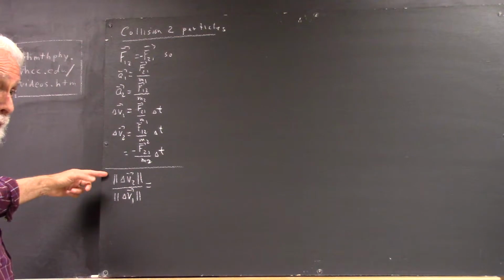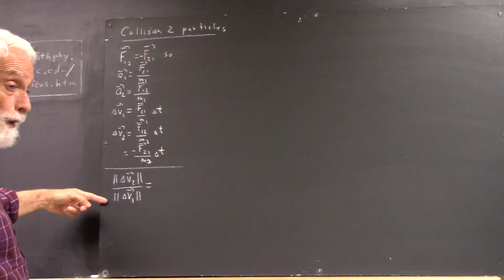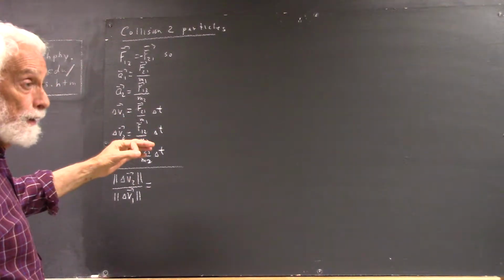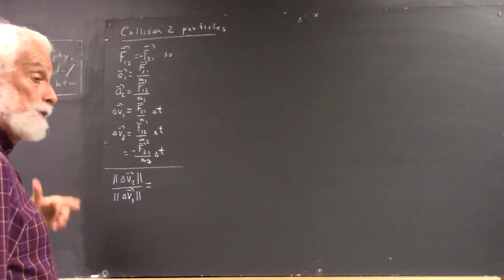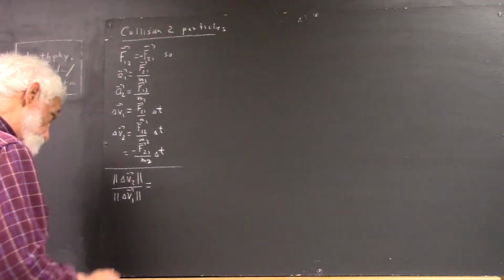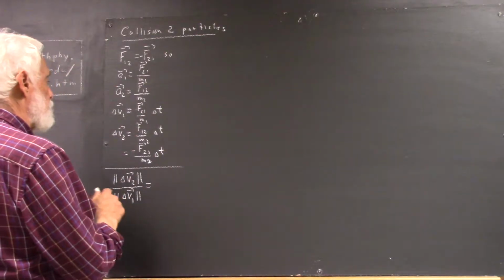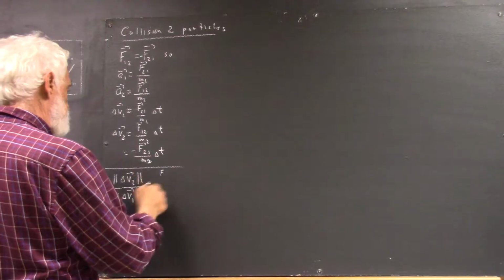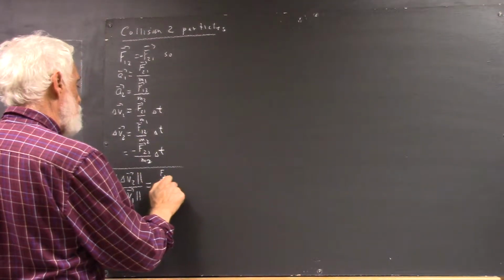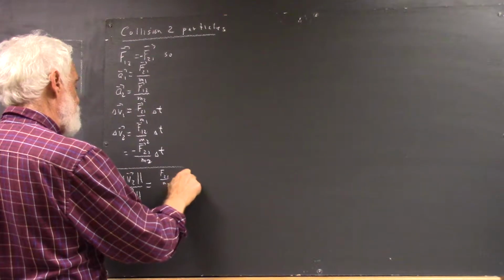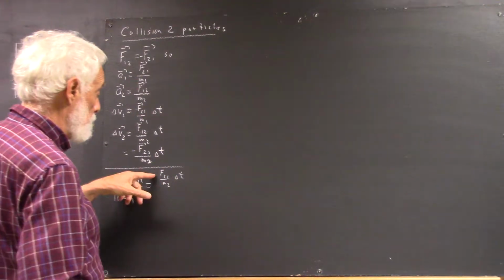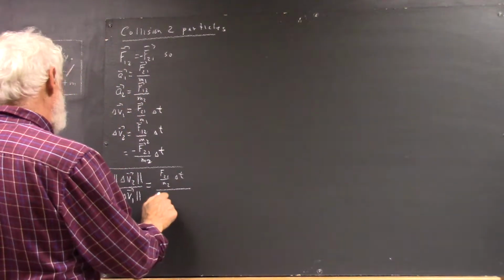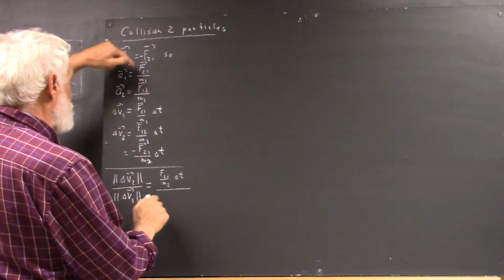So what's the expression for the magnitude of delta v2 over the magnitude of delta v1? This would be the ratio of how much the speed of the second changes to the amount that the speed of the first changes. Well, it's very straightforward. This is going to be F21 over m2 delta t, where I don't have the arrow over the F21 because now it's a magnitude, and this would be over this expression.